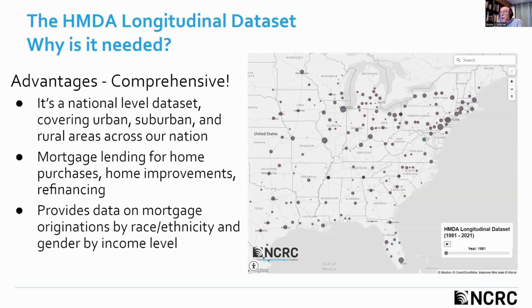Additionally, it provides mortgage data on home purchases, home improvements, and refinancing. Finally, it provides data on mortgage originations by race, ethnicity, gender, and income level at the census tract level.